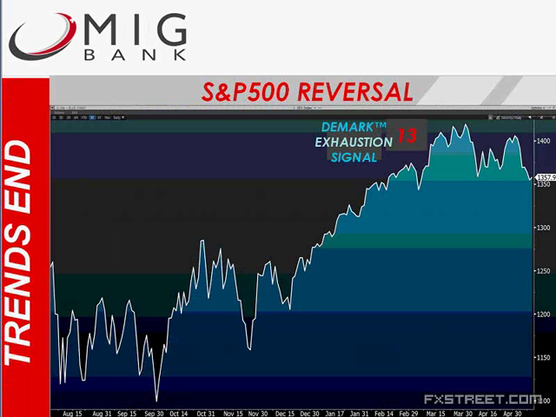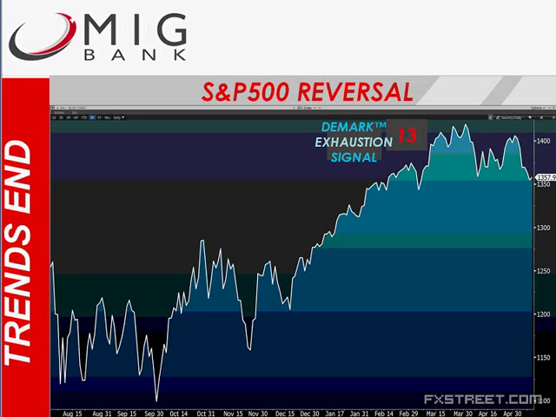Okay, so here's an example that I put together. This is a real example, but I've just annotated it. The S&P 500 reversing in the last few weeks from what has been a very strong uptrend. Certainly the US equity markets have been the strongest in the Western equity world.